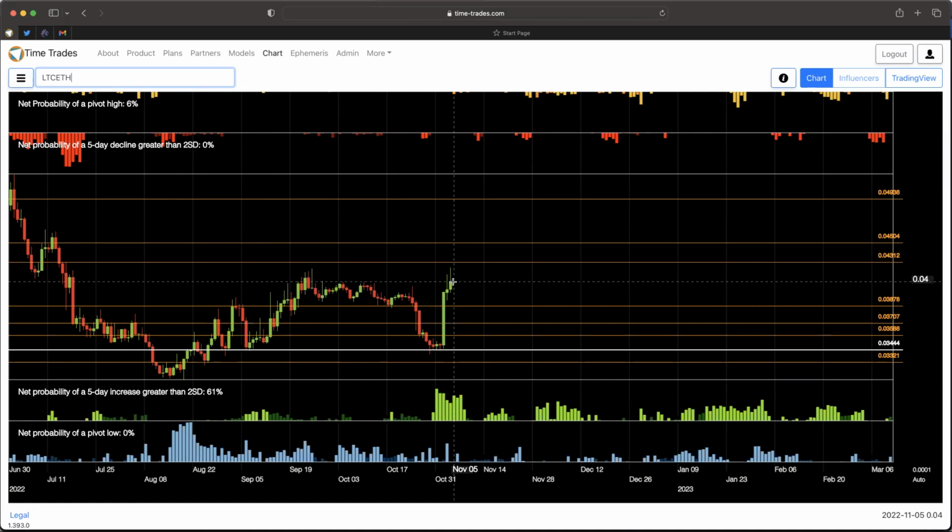So we're definitely in the mode of looking to get into Litecoin on any sort of pullback. We may be seeing a pullback around November 12th. Okay, so keep an eye on that. And then we've got another couple of potential bull phases here, peaking November 19th and then December 5th. So Litecoin also looks very interesting. It's great to see these signs of strength returning to the crypto complex.